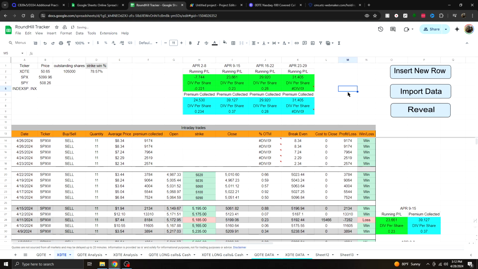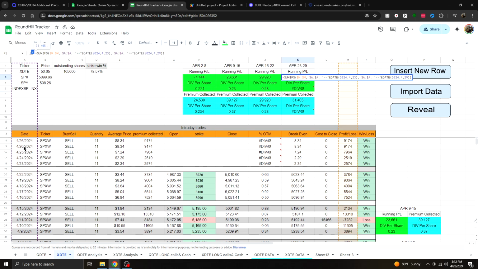Okay, this one, running profit loss, is taking this column M and just subtracting it from where it's calculating it all. So here M, and it looks for the date ranges of 23 to 29, at least for this cell, and then it's summing it all up.